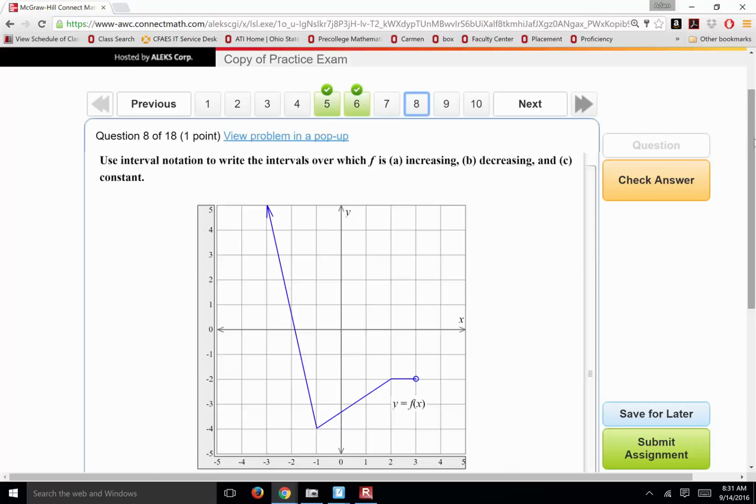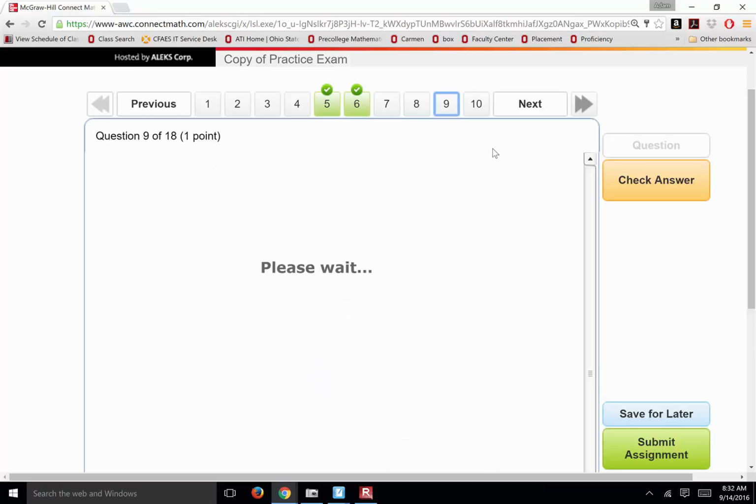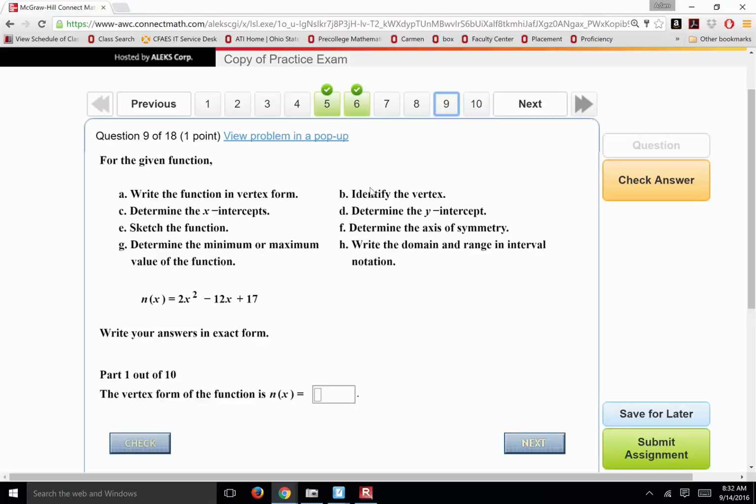You're going to determine the intervals where this function is going up, down, or constant. We all did one copy of each question, so I'm just mentioning each.